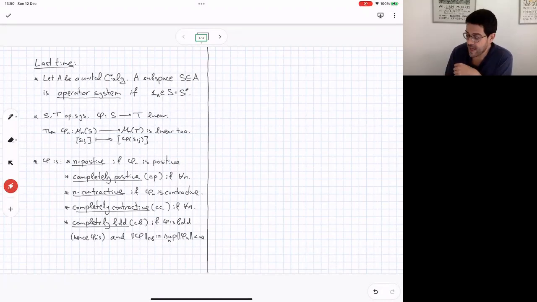And whenever I have a map phi from an operator system S to an operator system T, then I also have a map phi n from Mn(S) to Mn(T). If the original one was linear, then this will be linear. And if the original one was bounded, this will be bounded, of course. Okay?